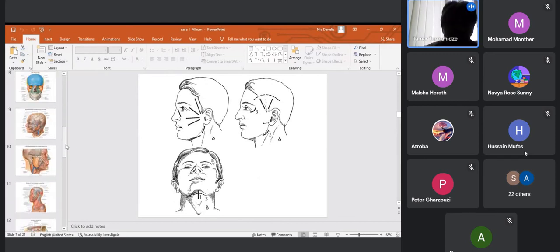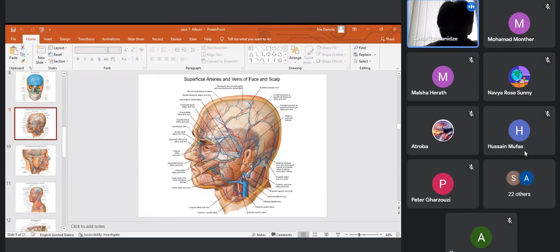Also superficially, in the parotid masseteric region, we have the transverse facial artery, which is a branch of the superficial temporal artery. This artery supplies the superficial tissues of the parotid masseteric region.